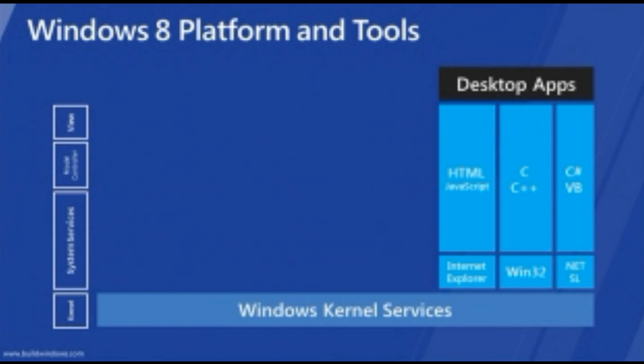And then we've built the silo of HTML, JavaScript on top of Internet Explorer. And I think I've gotten a few pieces of mail and a few tweets and a few other things about how these things don't always all work so well together. So what I want to show you is the bold move we made to reimagine the Windows 8 platform.